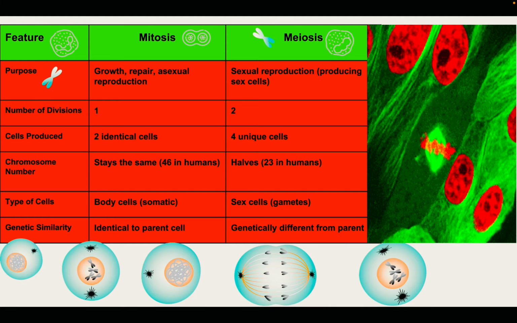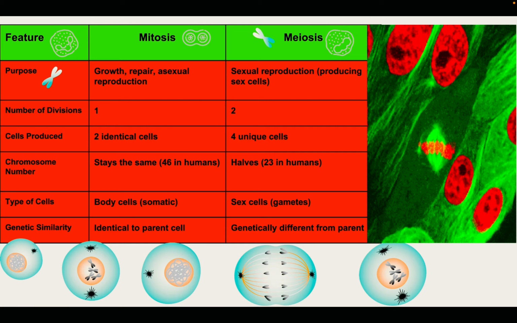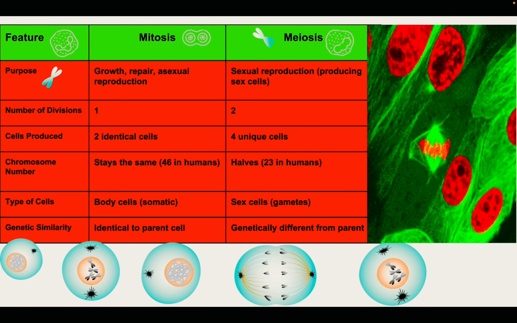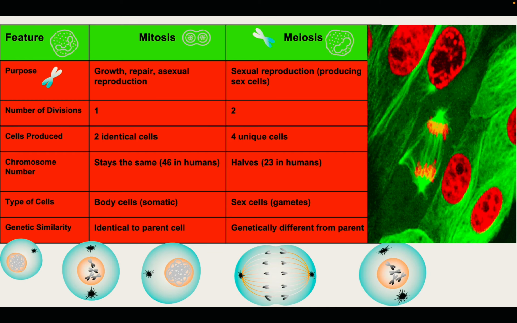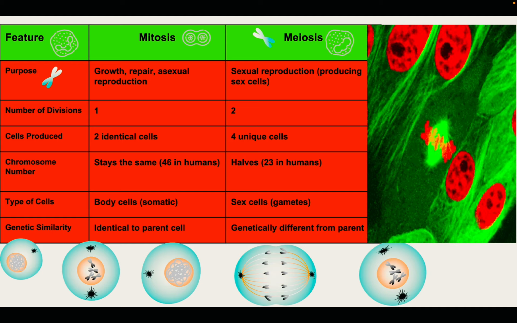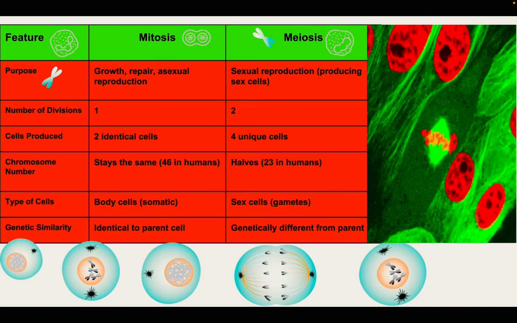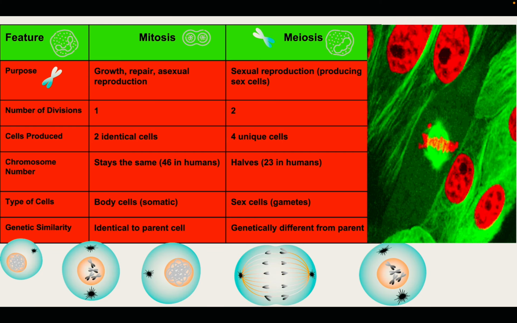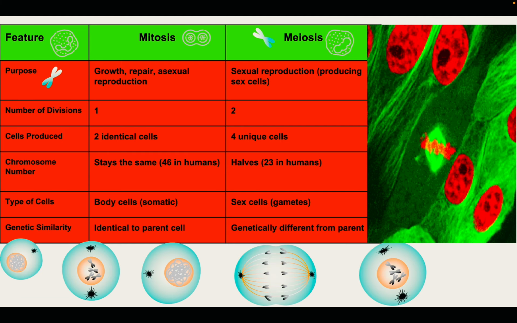Number of cells produced: mitosis produces 2 identical cells and meiosis creates 4. Chromosome number: mitosis maintains the chromosome number, but meiosis reduces it by half. The type of cell: mitosis happens in the body and meiosis occurs only in reproductive cells. So these differences ensure both continuity of life and variation among people.